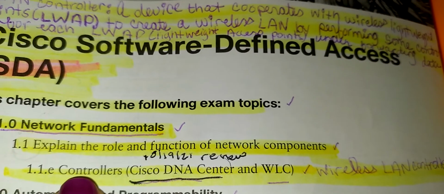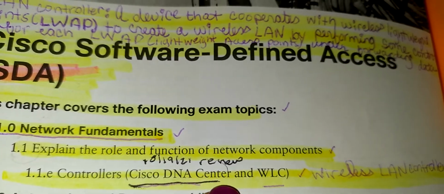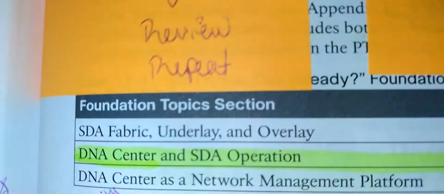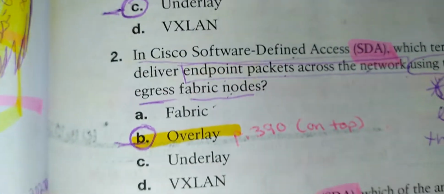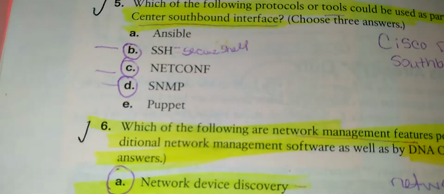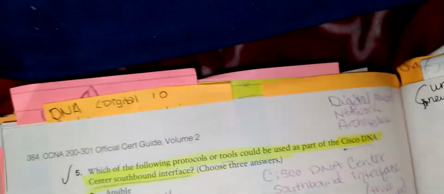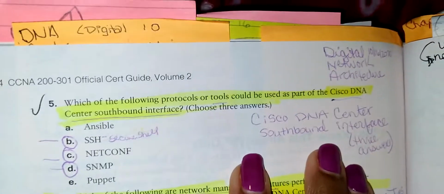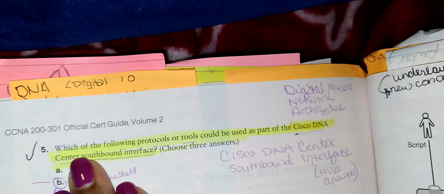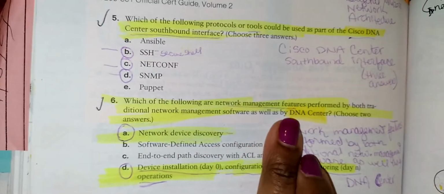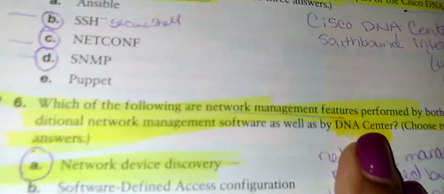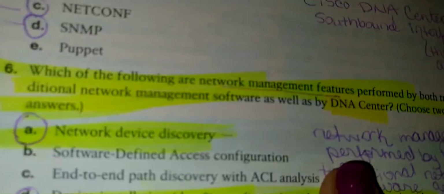We're going over controllers, Cisco DNA Center. Do I know this already? It's questions 1 through 6. And what we did go over today was the Cisco DNA Center interface, and 6 also DNA Center.